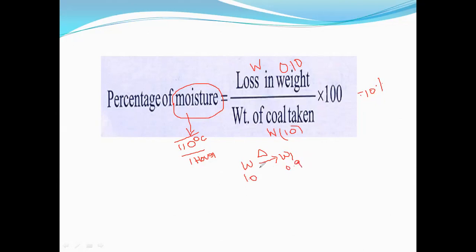The loss in weight is 0.10. So the percentage of moisture separated during the heating process is calculated as the loss in the weight of the coal sample divided by the weight of the coal sample, into 100. Simple.